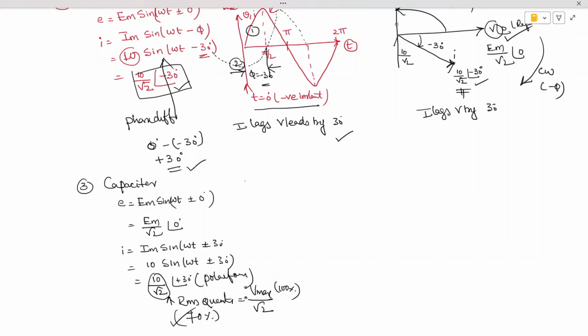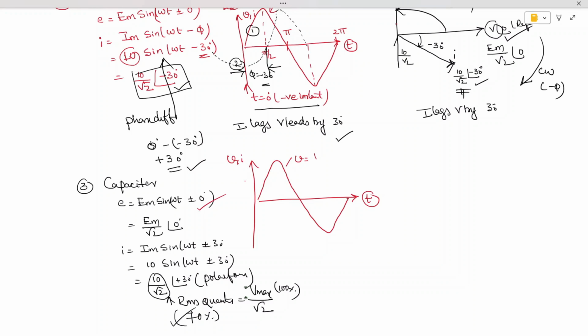Initially we'll draw the voltage waveform for better clarity. This is the instantaneous quantity, time versus voltage and current. When you draw this, this is the waveform of voltage, v = Vm sin ωt.